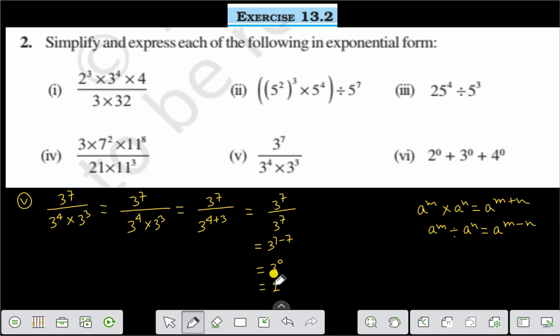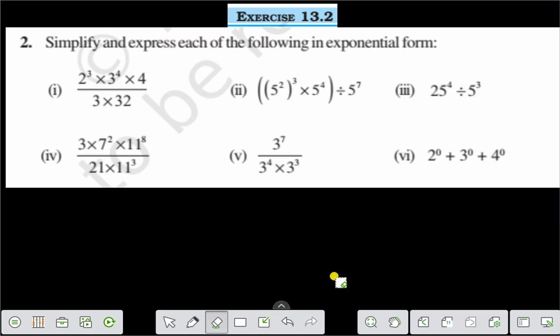Question number 6 here you see is 2 to the power 0 plus 3 to the power 0 plus 4 to the power 0.